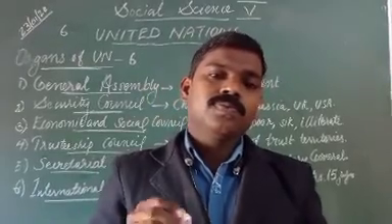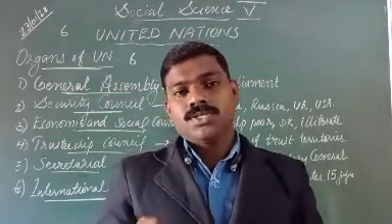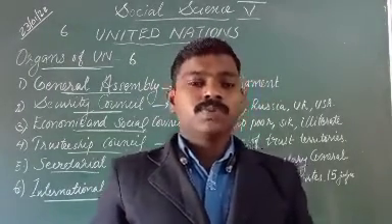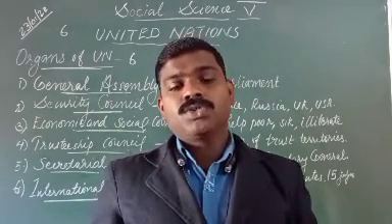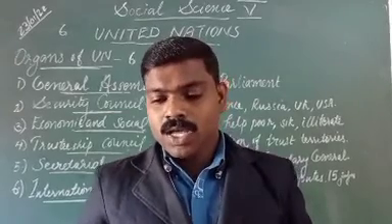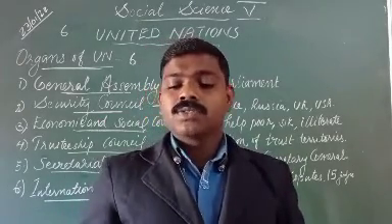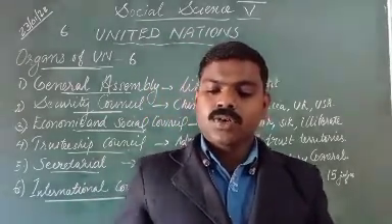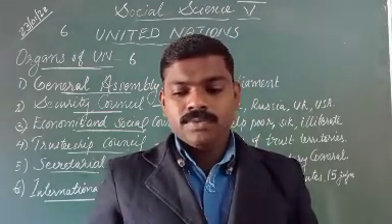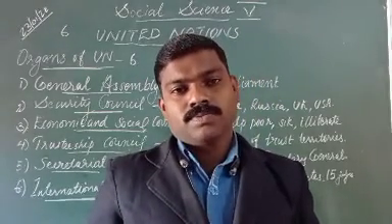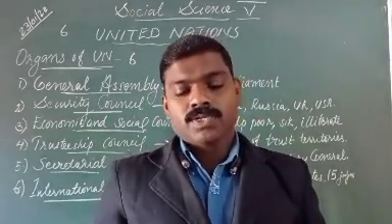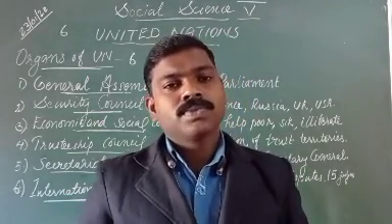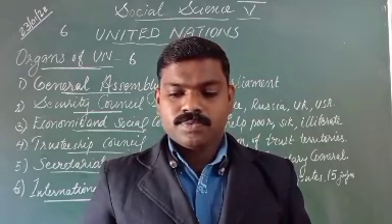The main objective of the International Court of Justice is to solve disputes between countries and advise all countries to follow international laws. And the headquarters of the International Court of Justice is The Hague in the Netherlands. The Hague is a place in the Netherlands.